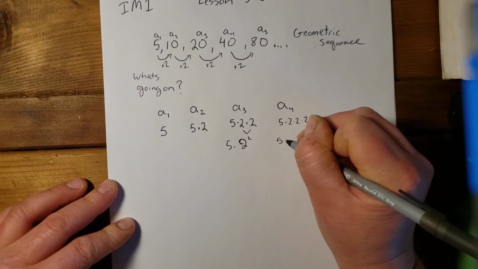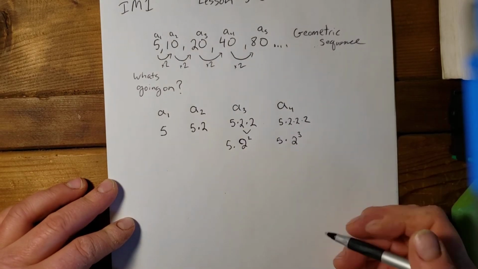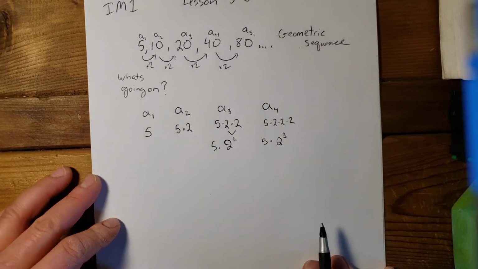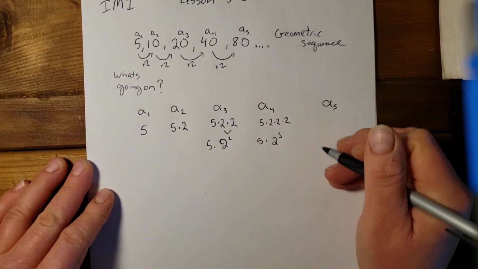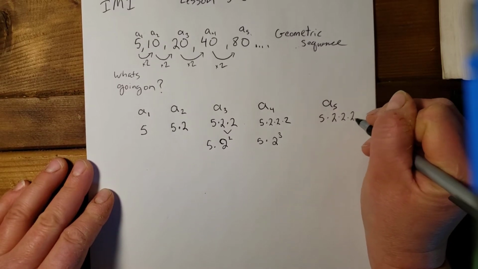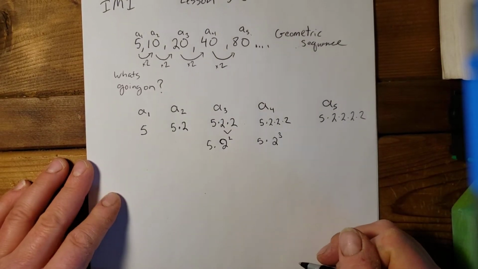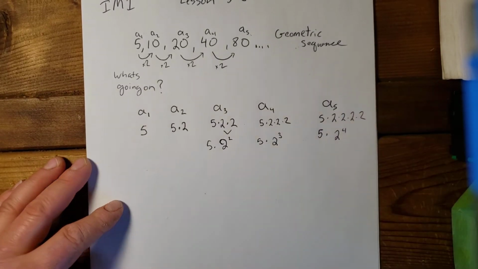So that's 5 times 2 to the third. All right, what if you had to describe the next one? How would you describe that? Well, it would be A5 is 5 times 2 times 2 times 2 times 2, right? Or 5 times 2 to the fourth.